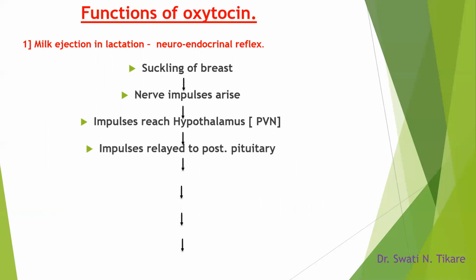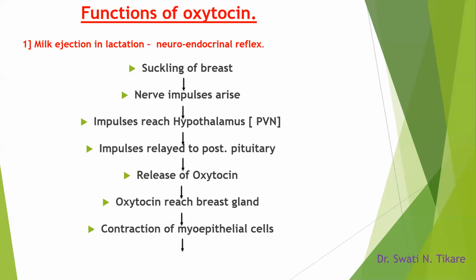The hypothalamus is stimulated and relays the impulse to the posterior pituitary gland, where oxytocin is stored. On receiving the stimulus, the posterior pituitary gland releases oxytocin. Oxytocin reaches the breast gland and causes contraction of the myoepithelial cells of the breast glands. The contraction causes release of milk.